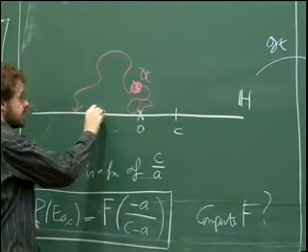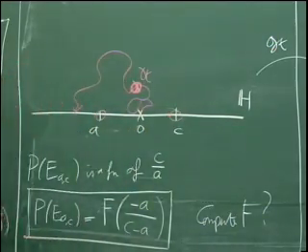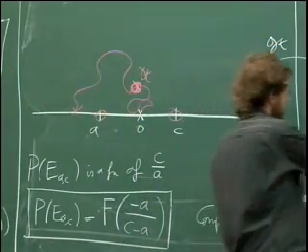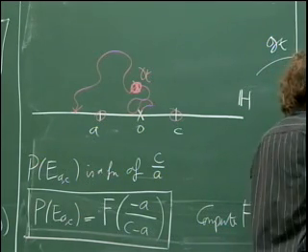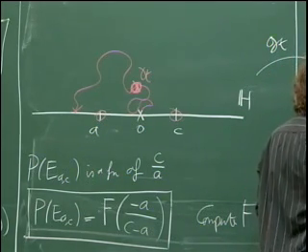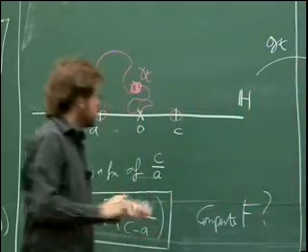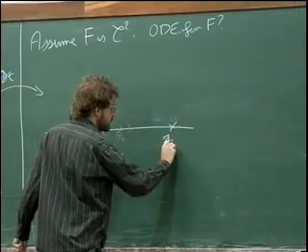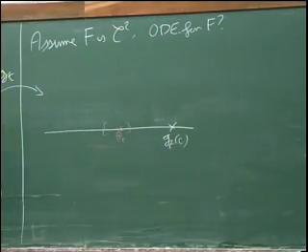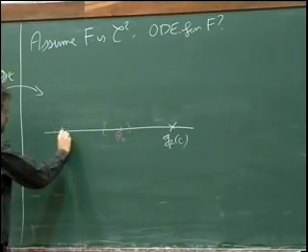There is gamma t, there is A, and there's C. And you can look at the image of this by GT. So you'll find something like that. This is the image of gamma up to time t, and this is beta t. And then C is mapped somewhere here. So that's GT of C. A is mapped somewhere here. So this is GT of A.